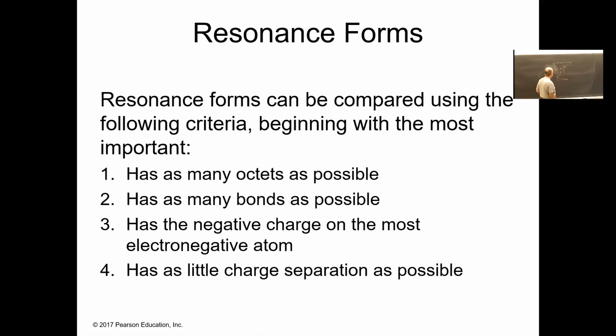It would be somewhere in between, but it's closer to the double bond. And this would be closer to a double bond than a single bond. By closer to a double bond, what I mean is that a double bond is, for example, measurably shorter than a single bond.